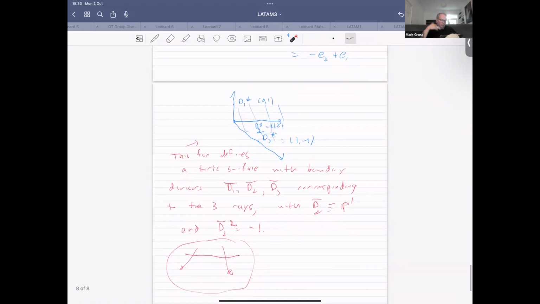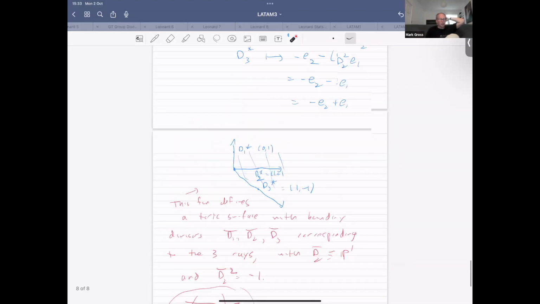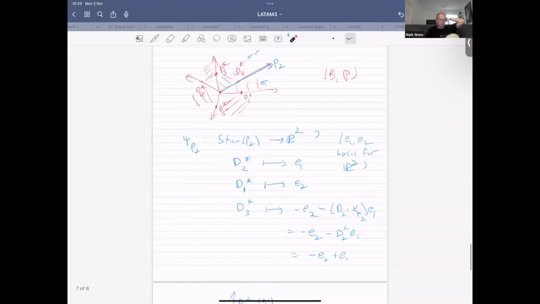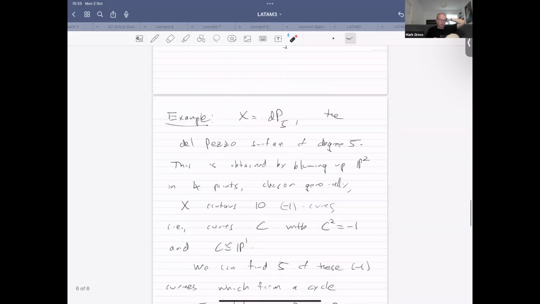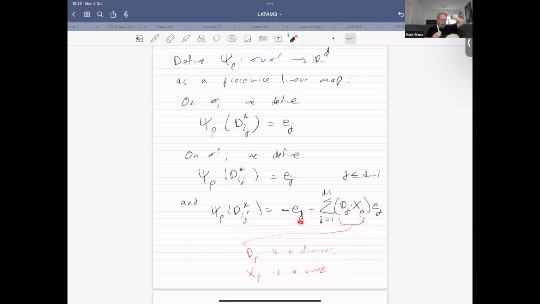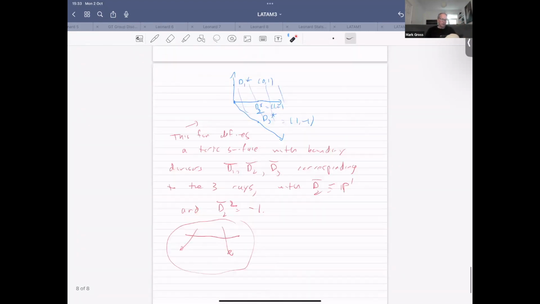It gives you the same intersection numbers that occur in the formula here. Okay. So this is the first chart.